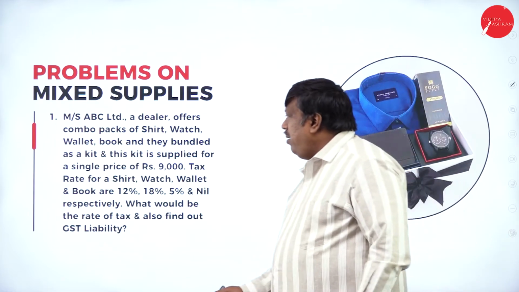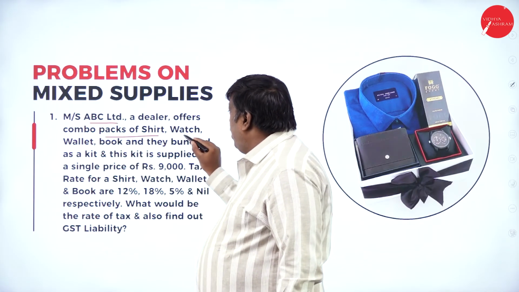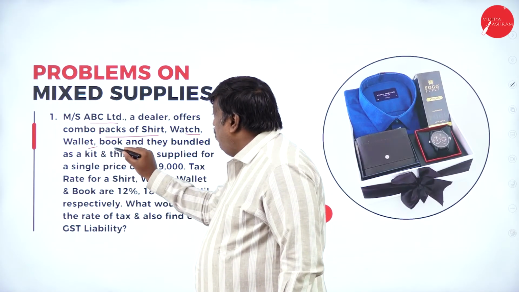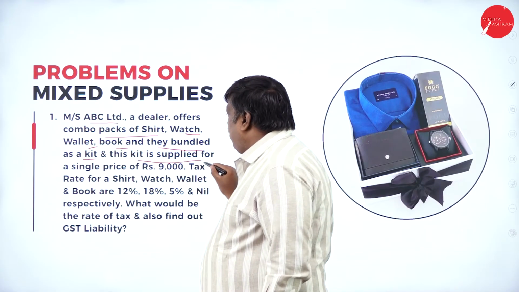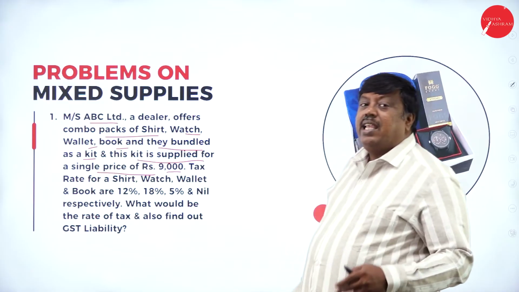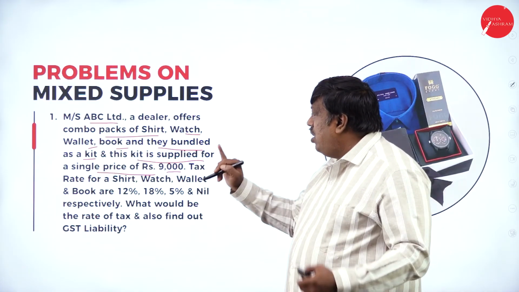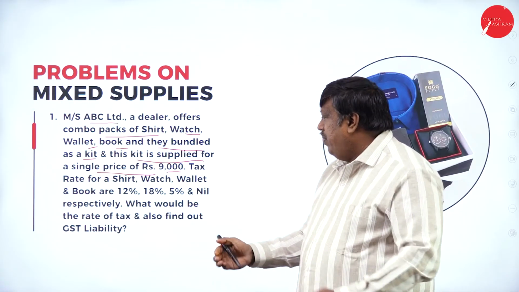Now the problem on mixed supply. ABC Limited, a dealer, offers combo packs of shirt, watch, wallet and book, and they are bundled as a kit. This kit is supplied for a selling price of 9,000. So they are supplying a kit which contains shirt, watch, wallet, book. All the things are packed.